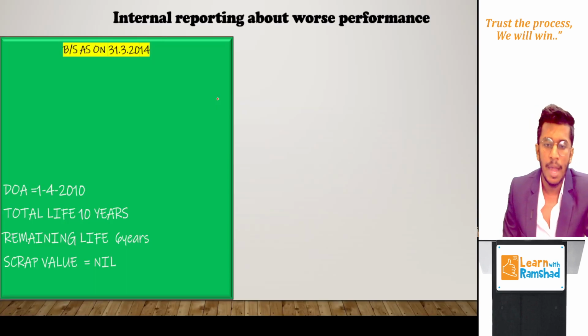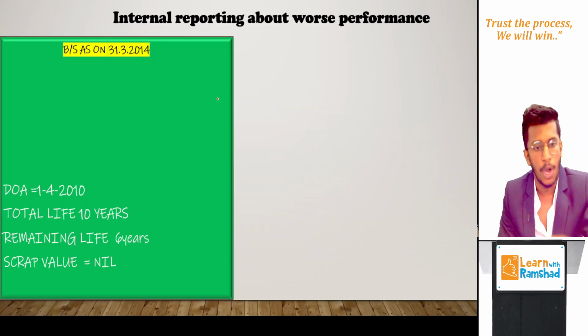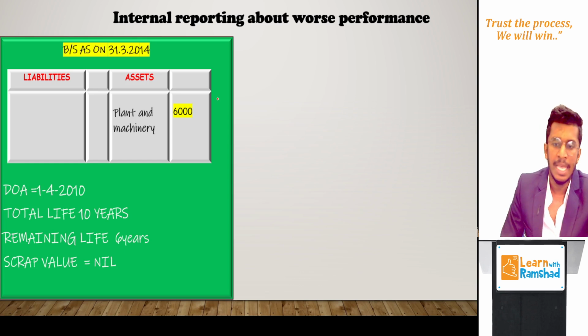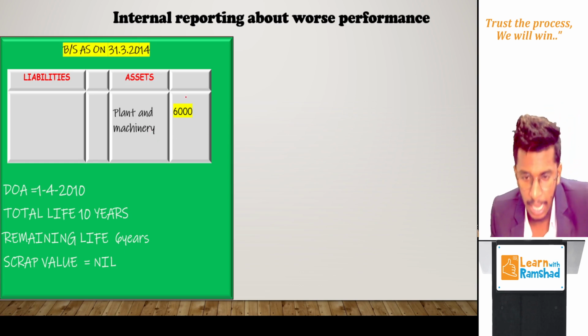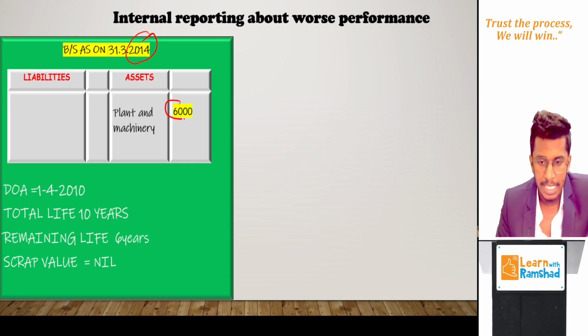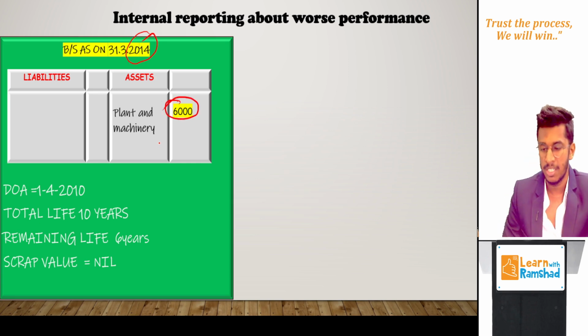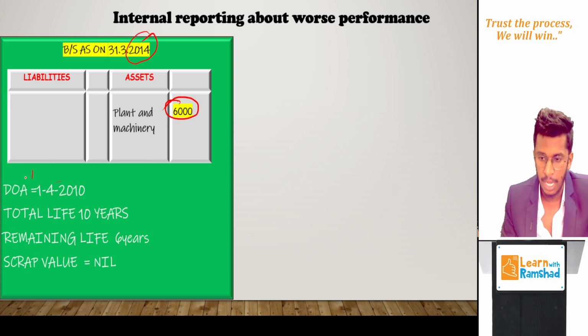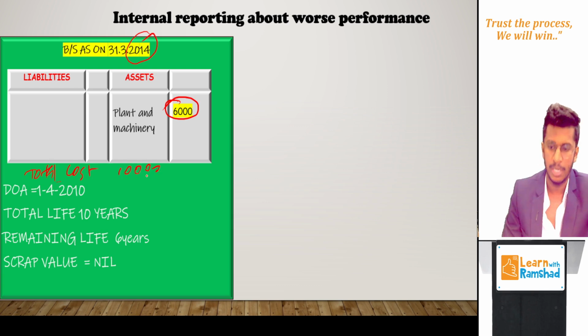That's it. Another reason, internal reporting about worse performance. Ready? Let's say you have a machinery as of now, in 2014 March. Currently, it has a value of 6,000. Just imagine. And this was purchased for a total cost of, let's say, 10,000, on 1/4/2010, and it has a total life of 10 years.